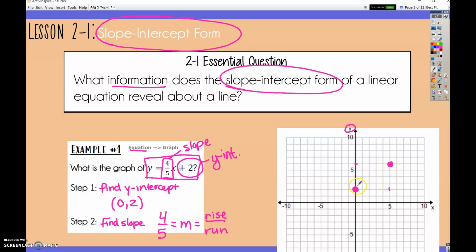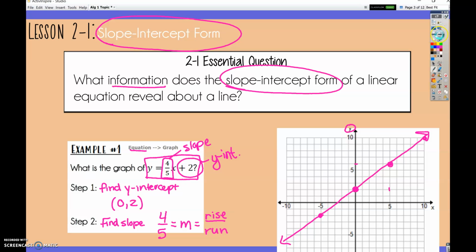I actually use the combination of rising 4 and running 5 in the positive direction. Now you could do it again and keep going on until you run out of graph. I could even go backwards. If I go down 4 and left 5, I find that point is also in the same line. Connecting these points, and 2 would be plenty, creates the line.